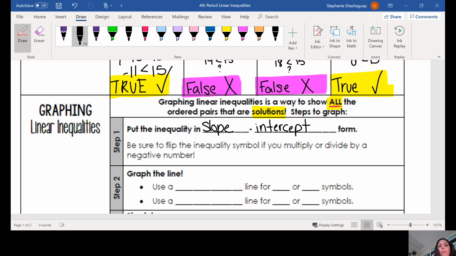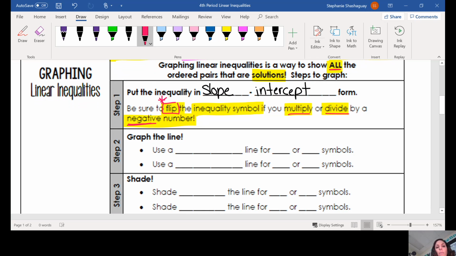Okay, and we have to remember to flip the inequality symbol if you multiply or divide by a negative number. So if we multiply or divide by a negative number, we have to flip the sign. Do not forget. Okay?